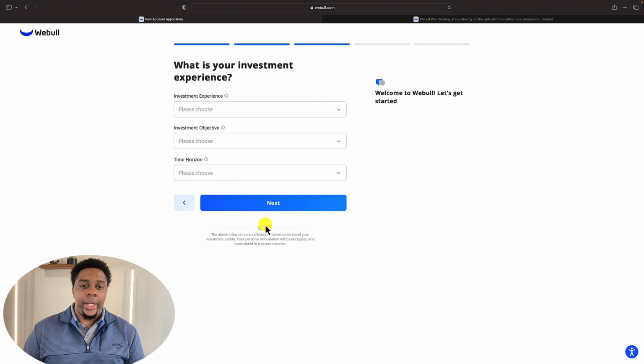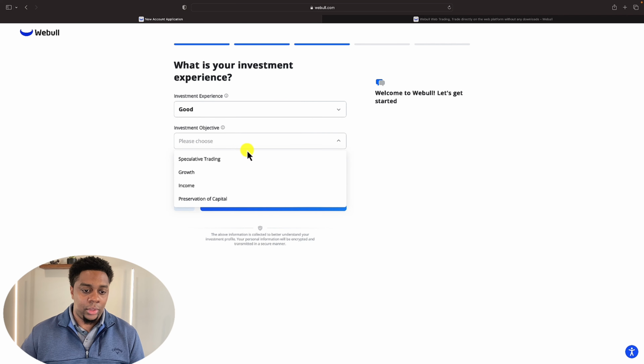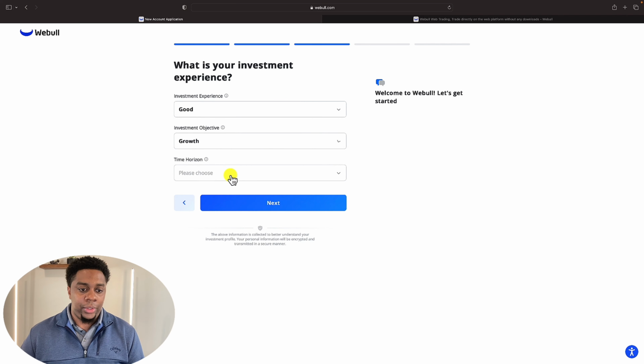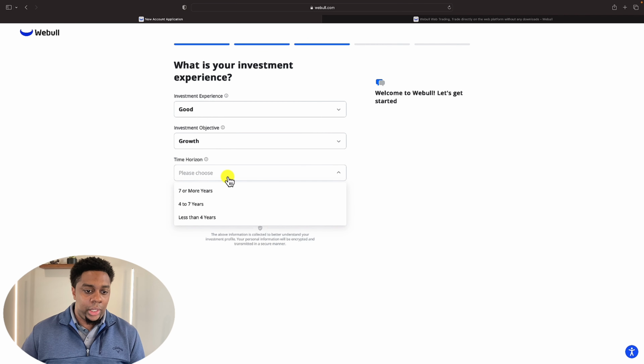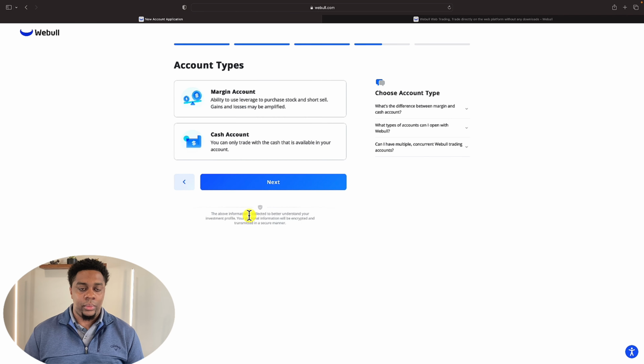Okay. So now they want to know my investment experience. I'm going to say good. I'm going to say growth. And I've been doing this around 8 years at this point. Okay, this right here is very important when we're talking about the account types here.